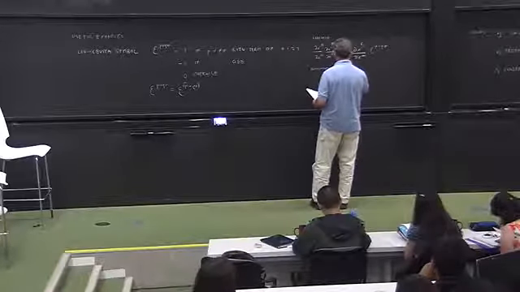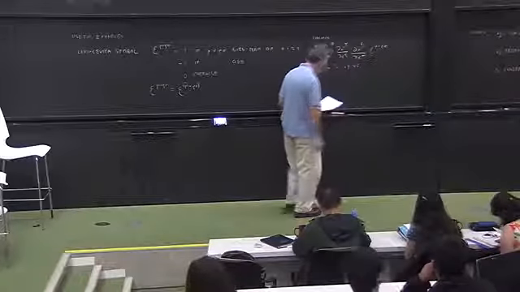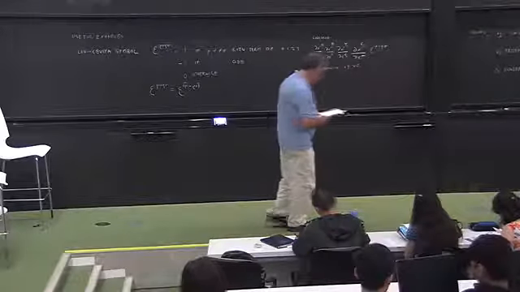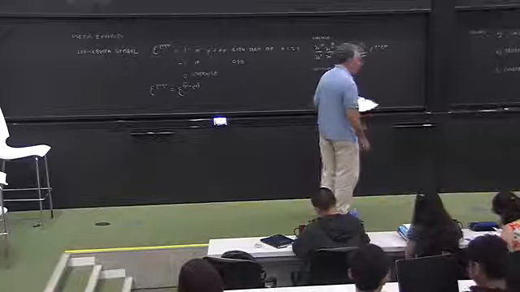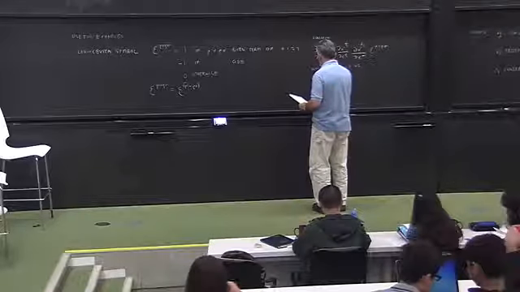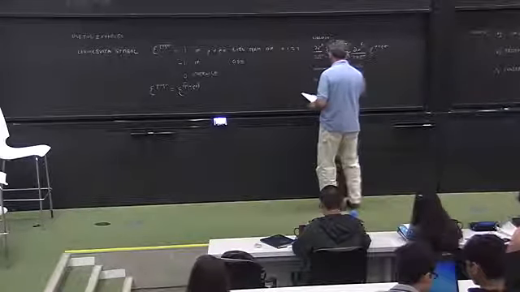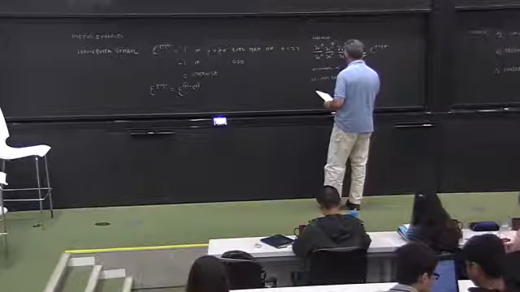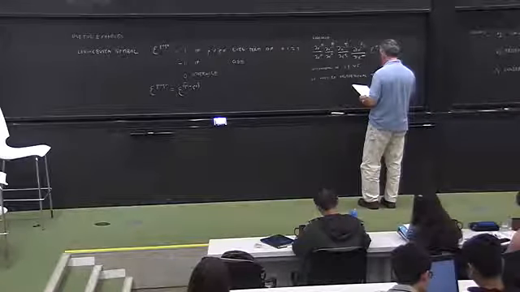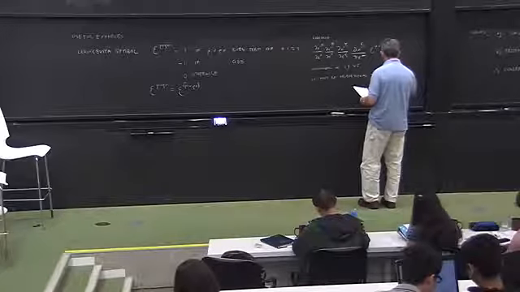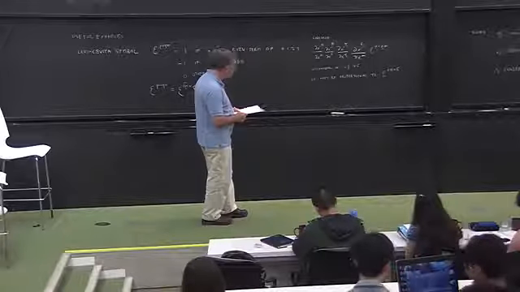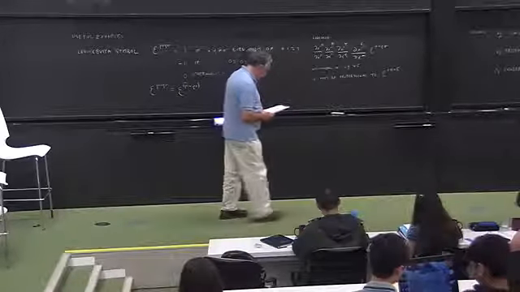Now, if you think about it, up to an overall constant there's only one tensor that has that property, and that's epsilon alpha beta gamma delta. So all we have to do is work out the constant of proportionality.